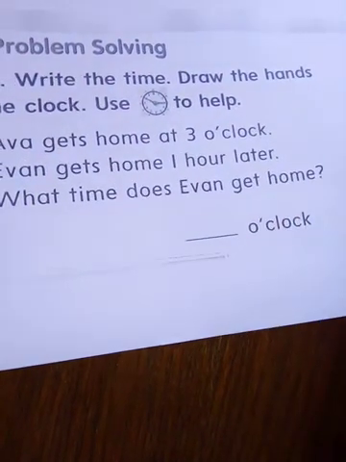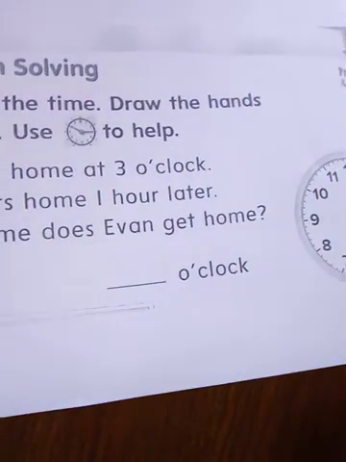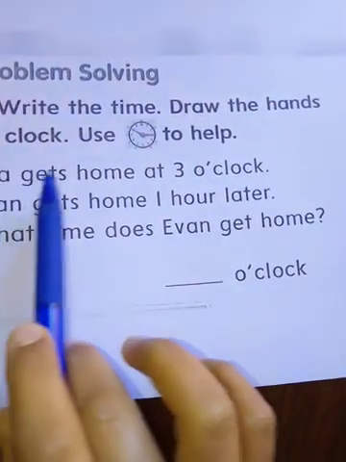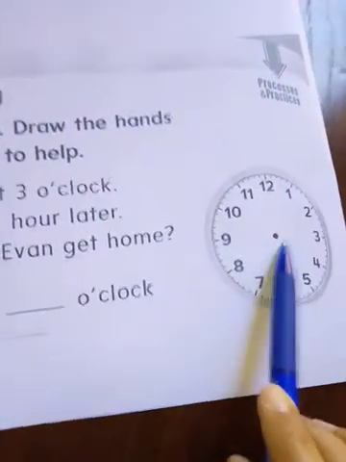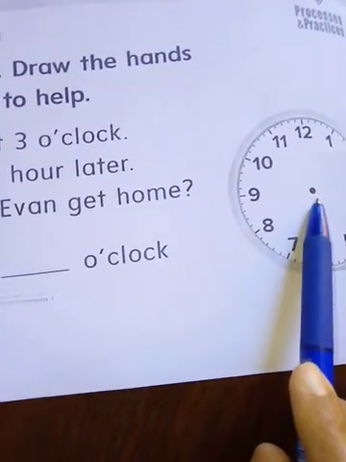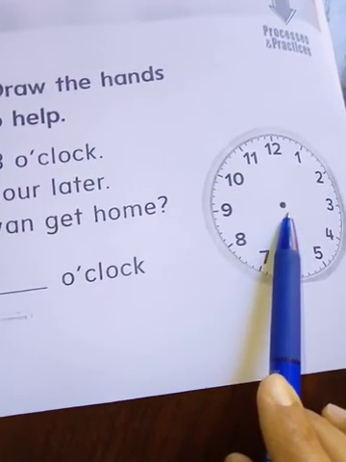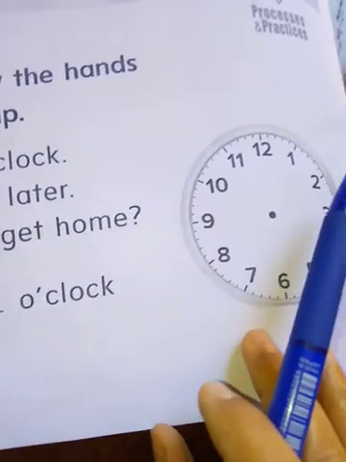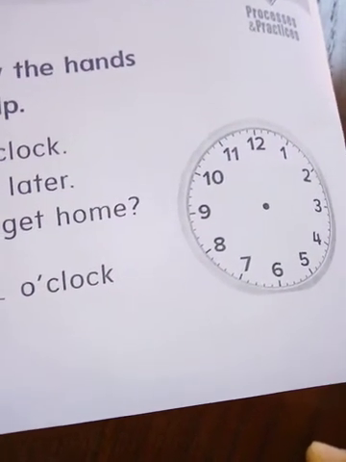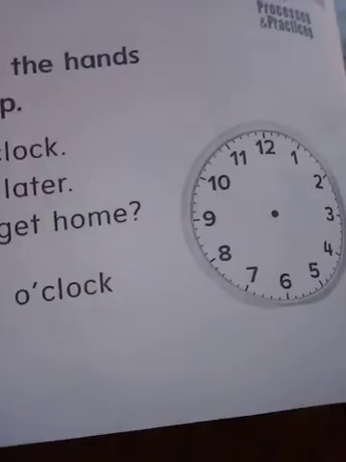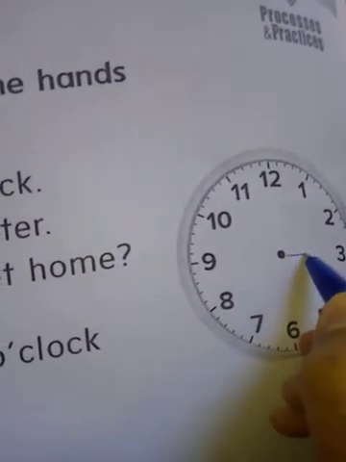Okay, let's show on the model clock the two hands. Ava gets home at 3 o'clock, so we want to draw 3 o'clock on that model. 3 o'clock means the hour hand, the short one, will point at 3.